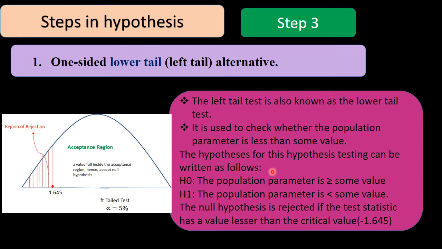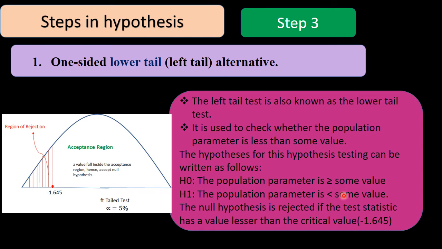Then the hypothesis for this testing can be written as follows. Then we can write the null hypothesis and alternative hypothesis. I told you the alternative hypothesis is the population parameter is less than some particular value.